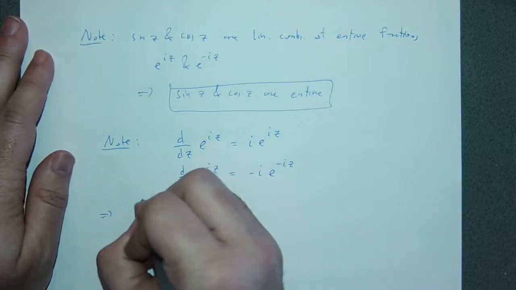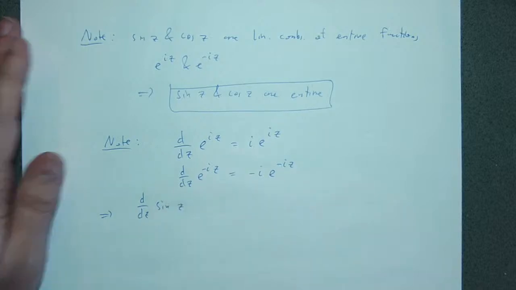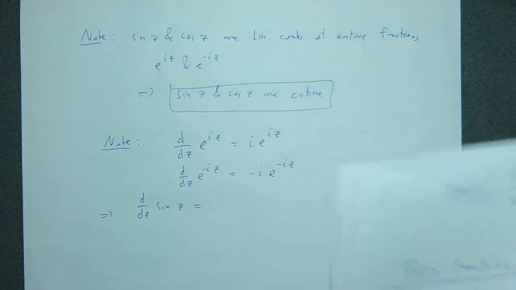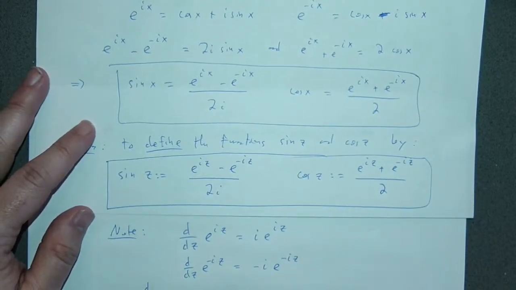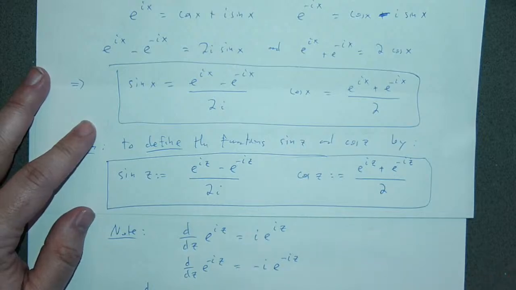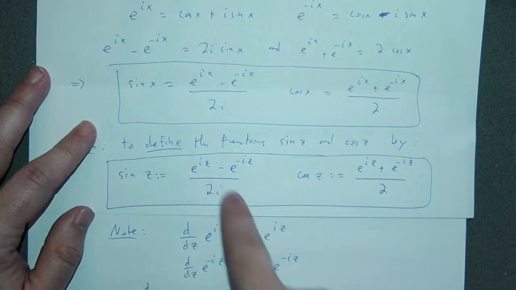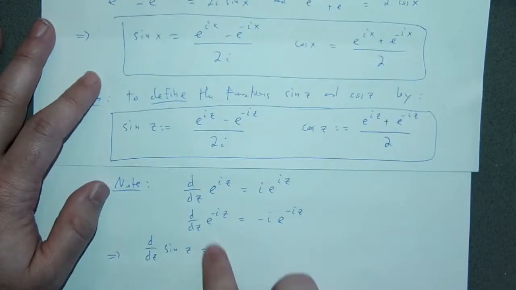Then what is d/dz of sine z? We know what we think it should be. Let's go back to our definition carefully. Knowing these two things, if you are careful here, I'm going to get i e to the iz minus minus i e to the minus iz, so that's plus i e to the minus iz.